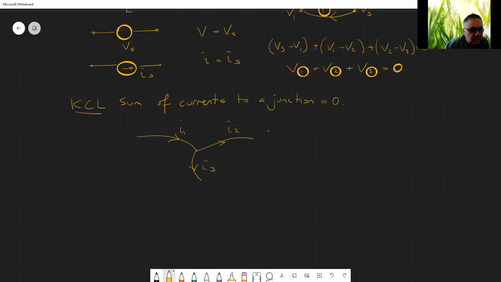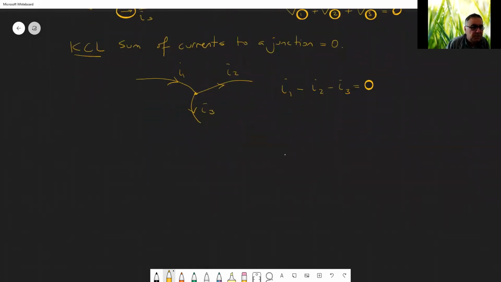It says I1 comes in, so it's positive, minus I2, it leaves, minus I3 equals 0. It's quite easy to understand. It is conservation of charge.